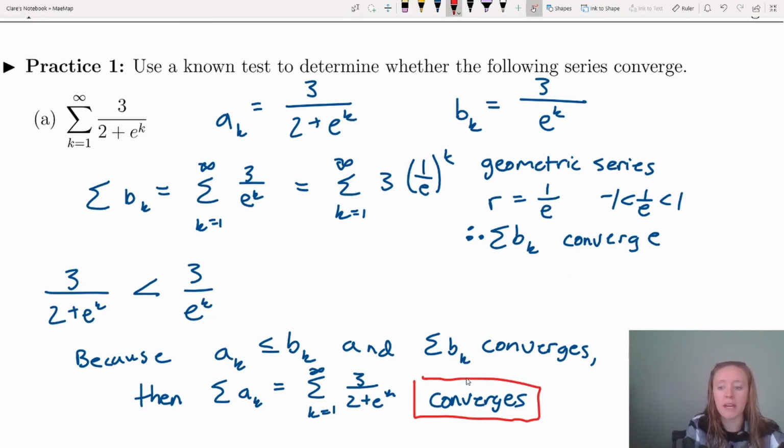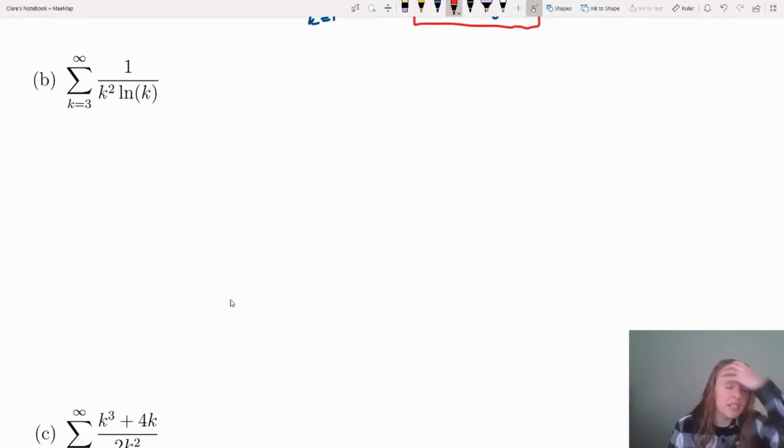Let's move on to b. So b is a little different because now we're throwing in a log. We have 1 over k squared times the ln of k. So choosing the comparison series is going to be a little bit trickier, but we know that the ln of k, if we're just looking at that, because we're starting at a k value of 3, the ln of 3 is greater than 1.